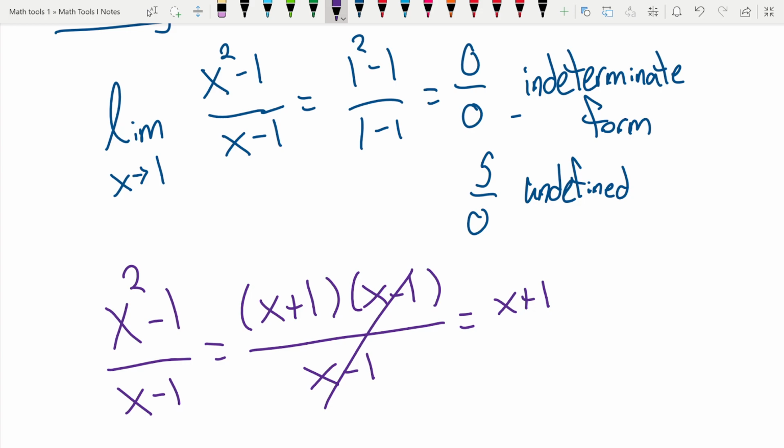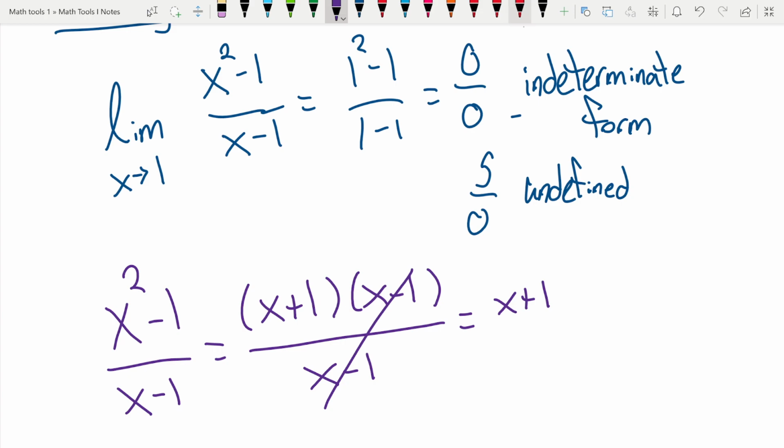Again, these two things as functions are not the same, but this is what the graph looked like: the graph of x plus 1 minus 1 point. So the domains of these two would be different if we're thinking about them as two functions. But in terms of the limit, this is how we can find the actual limit.